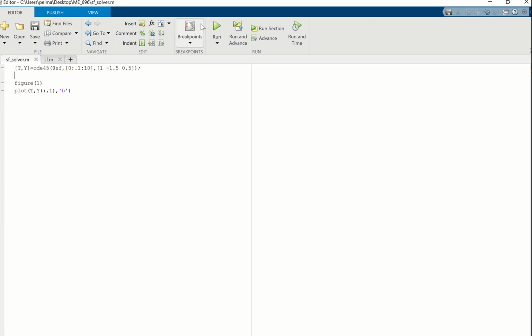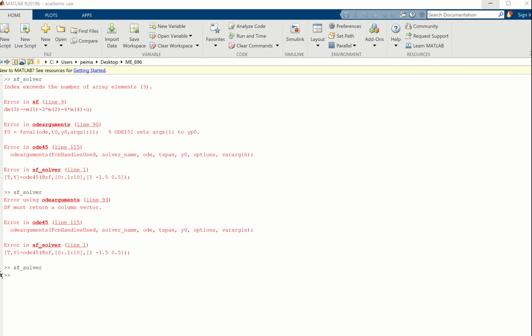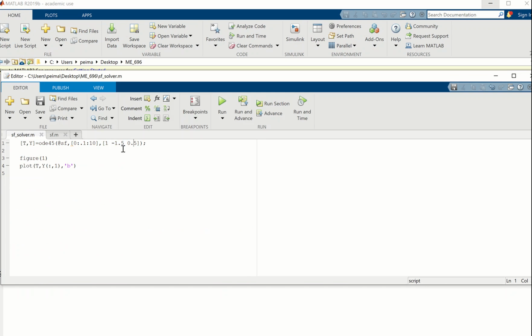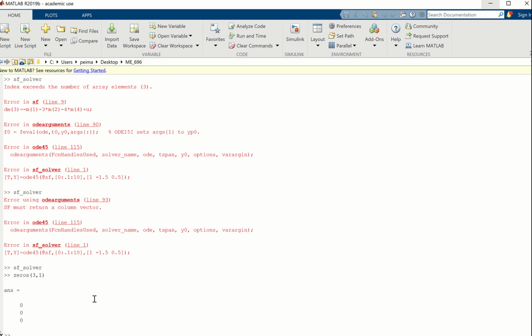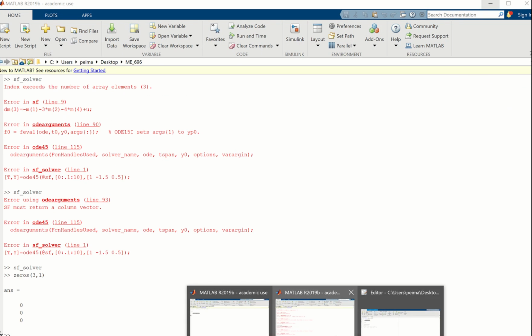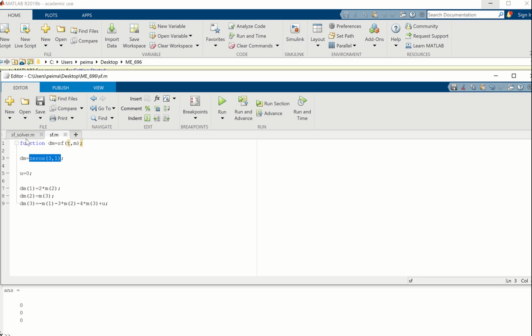Hold on. Oh, sorry guys, I had a typo here. This must be 3 and 1, not 1 and 3. This command gives you 3. So these are the vectors, not 1 and 2. I had the typo here.